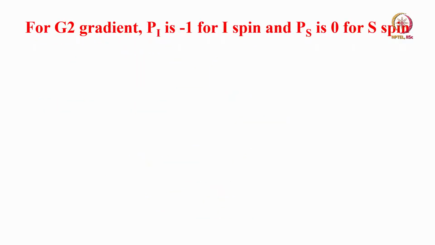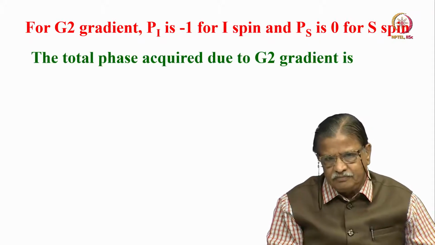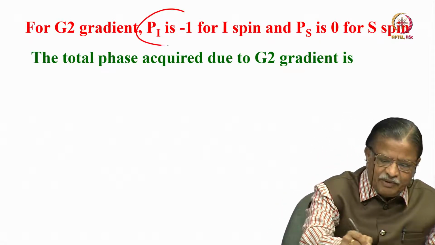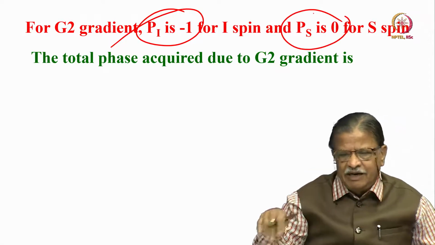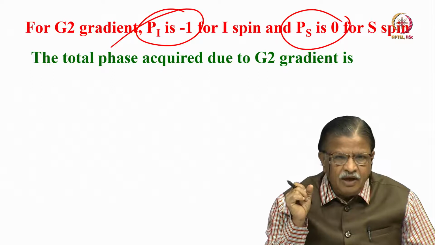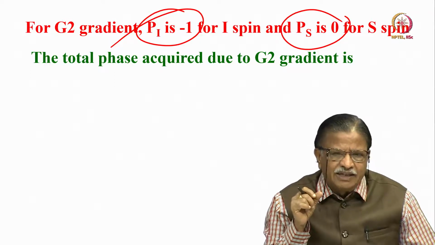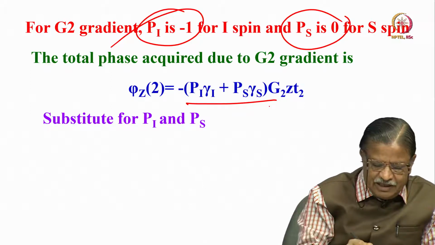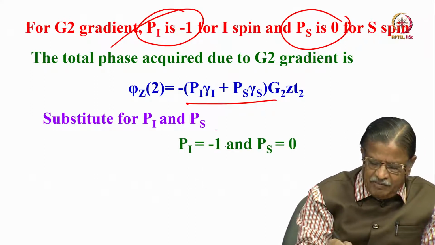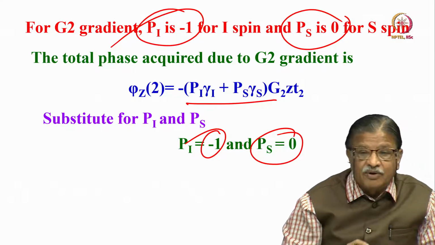Similarly, work out phi z2 for the gradient 2. For the gradient 2, we know that pI continues to be -1, whereas for pS we have chosen the pathway from +1 to 0. What is the total phase acquired now due to gradient G2? Now you have to substitute like this for pI and pS. pI is equal to -1, pS is 0 now.